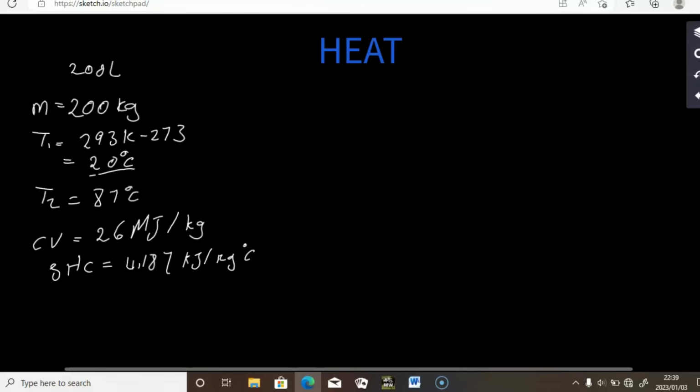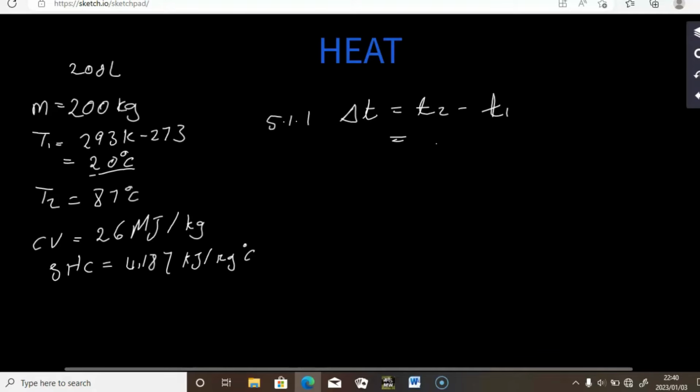We're asked to calculate the temperature change of the water. 5.1.1. The change in temperature is equal to T2 minus T1.